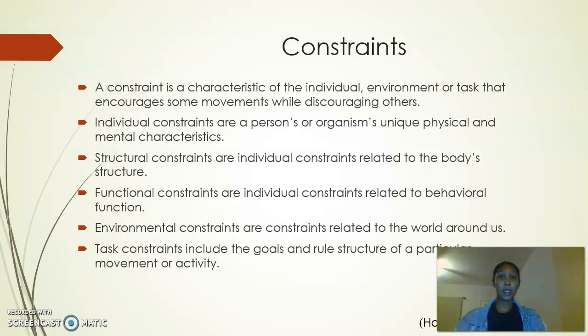Some constraints having to do with gait are individual constraints, structural constraints, functional constraints, as well as environmental constraints and task constraints. All of these tie-ins can either motivate you or inhibit you to have a successful life, have a healthy life, have healthy habits, and just be successful overall.